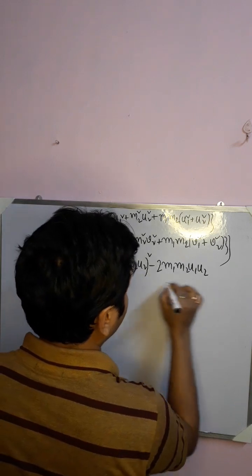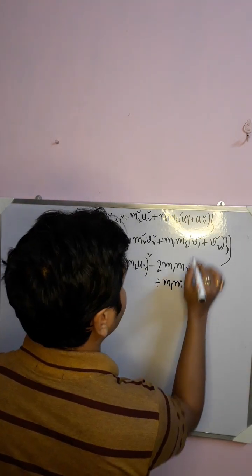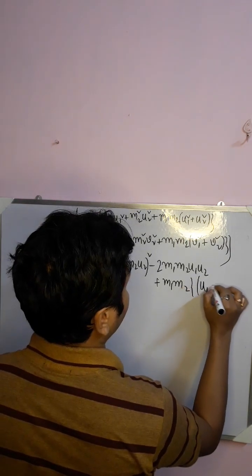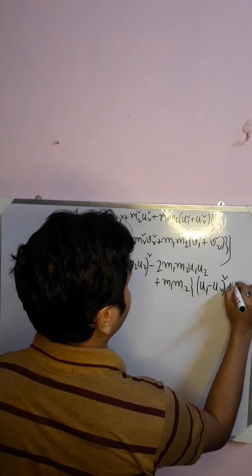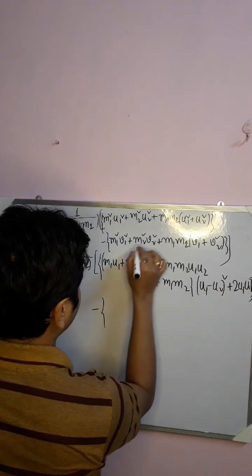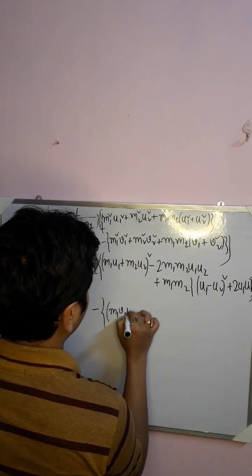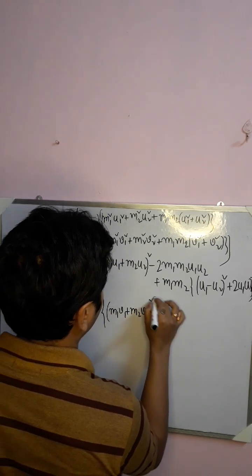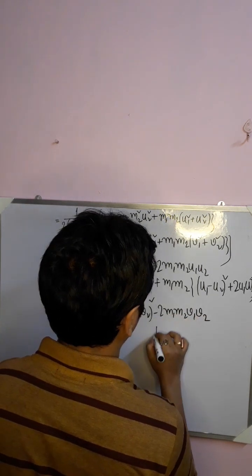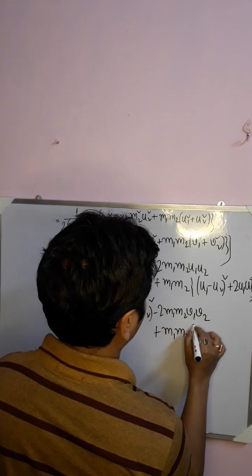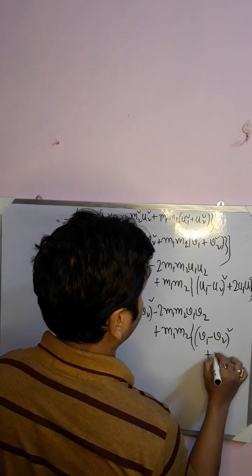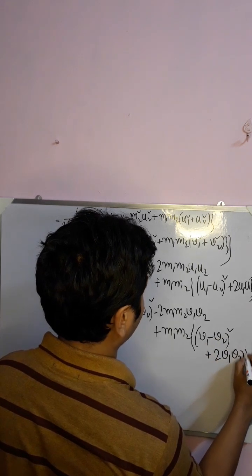And that a square plus b square we can write as a minus b whole square plus 2ab. Similarly this a square plus b square can be written as a plus b whole square minus 2ab, and this a square plus b square we can write as a minus b whole square plus 2ab.